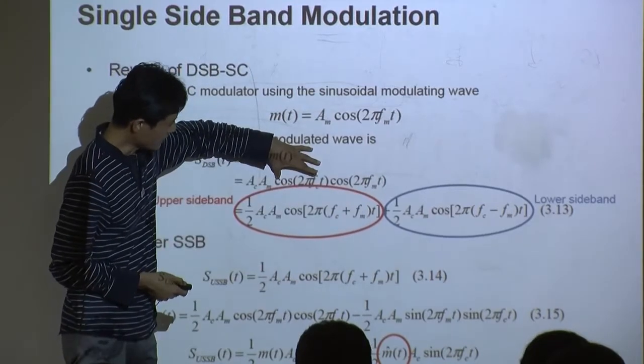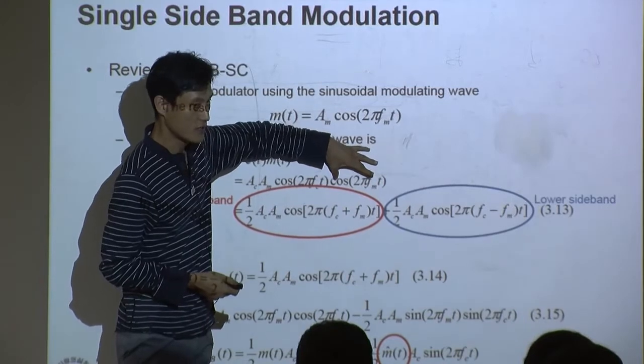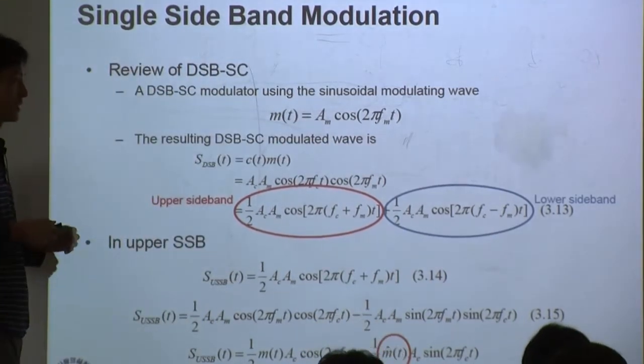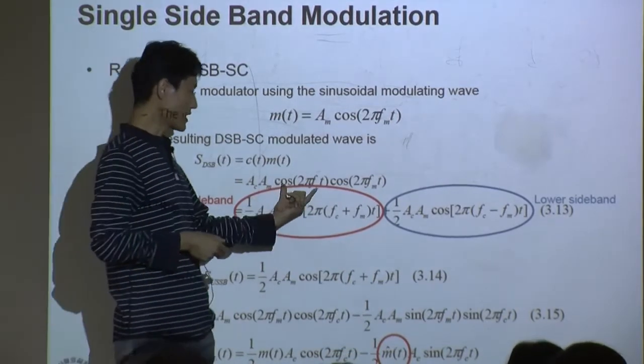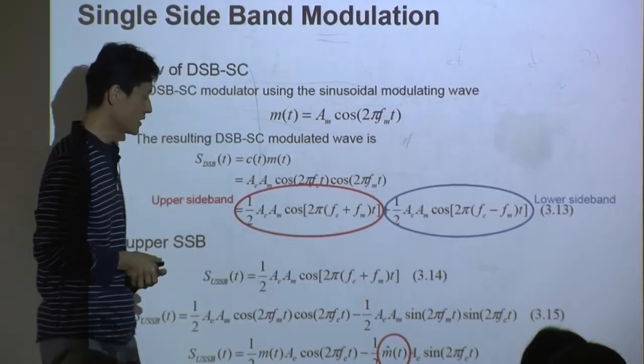So this is a cosine carrier. This is the message, but our message is again a cosine. So it's a cosine times cosine, a multiplication of two cosines.